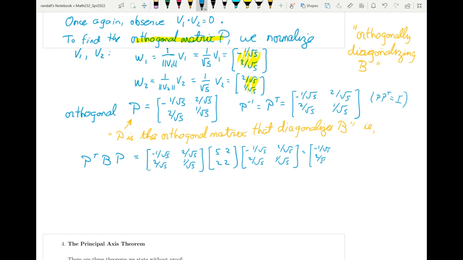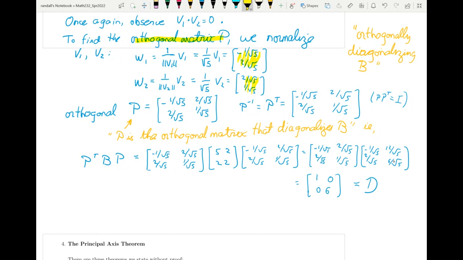So 2 over root 5, 2 over root 5, 1 over root 5. And then when you do that multiplication of B times P, you will get minus 1 over root 5, 2 over root 5, 12 over root 5, 6 over root 5. And then finally, I'll do that multiplication, and then I'll see I get my diagonal matrix, as I should get, equals D.